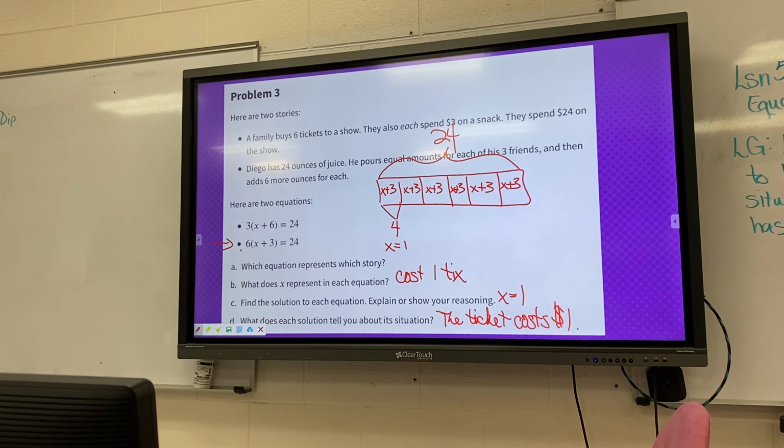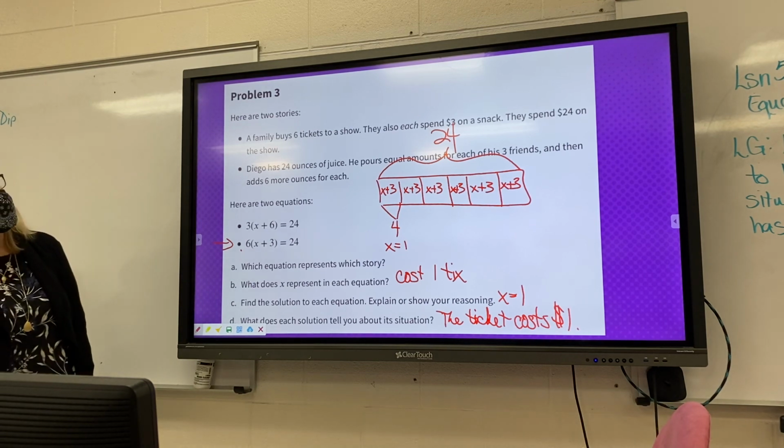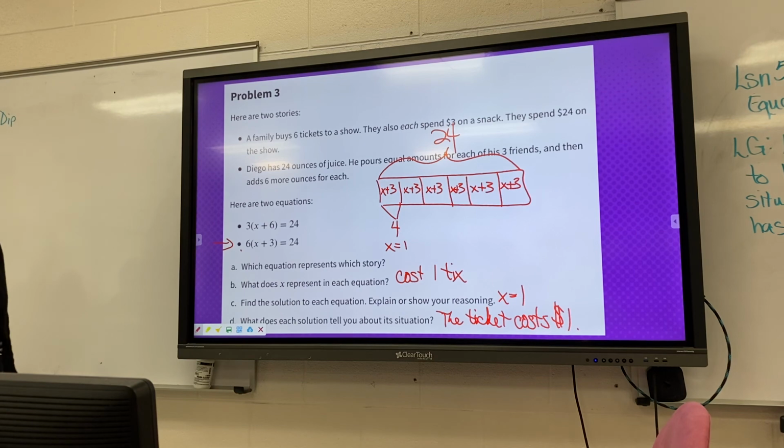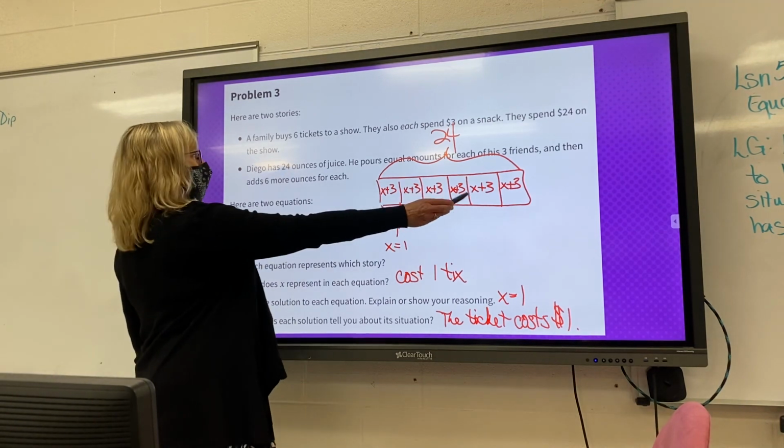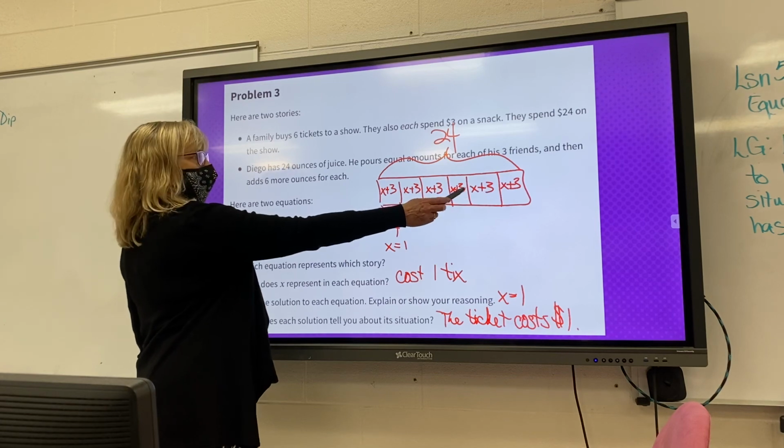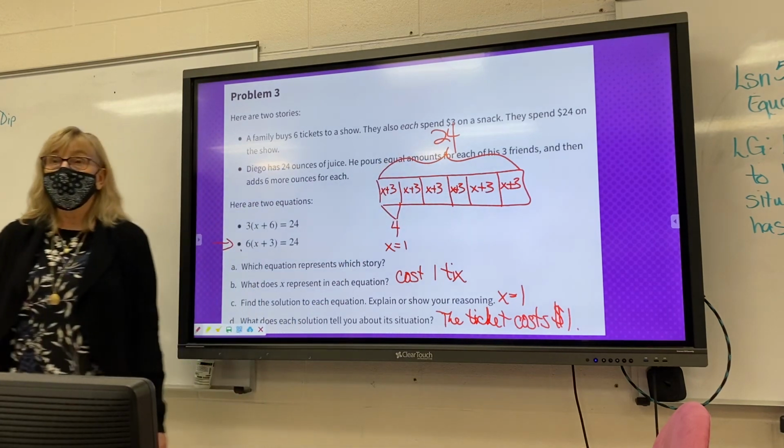That's still just the first one. That's just the first one. That's the family. And then we're gonna answer all those questions for Diego when she got that written down. Good job. Could we have solved it by doing 3 times 6, got 18 and subtracted it from 24?